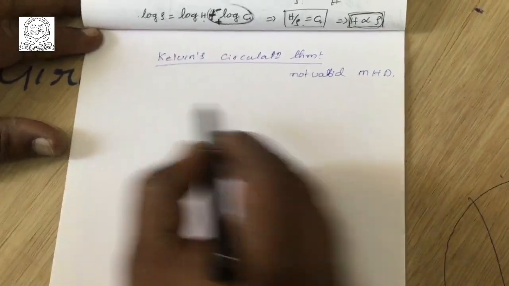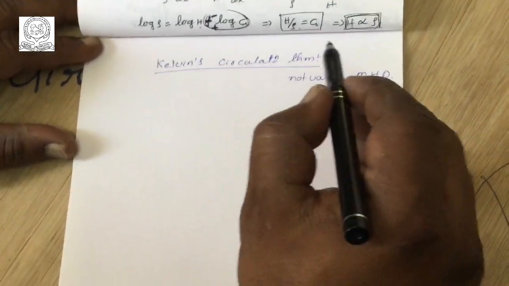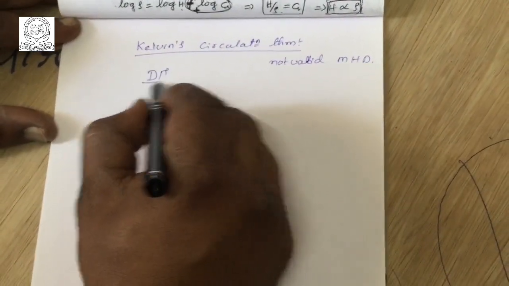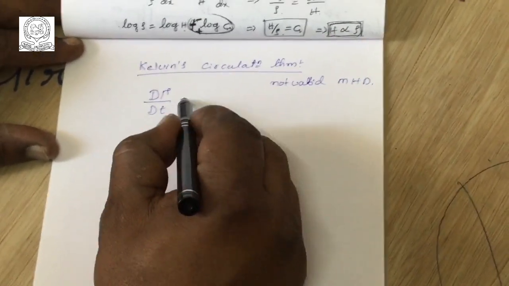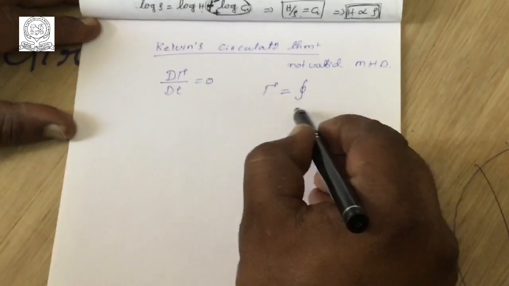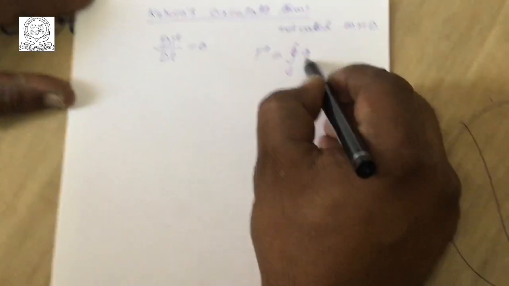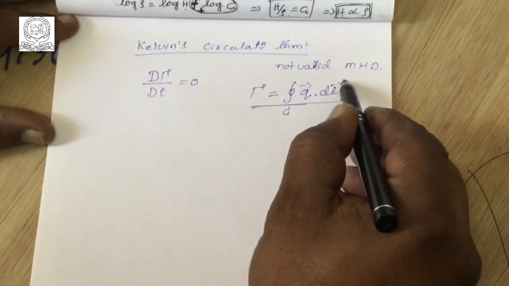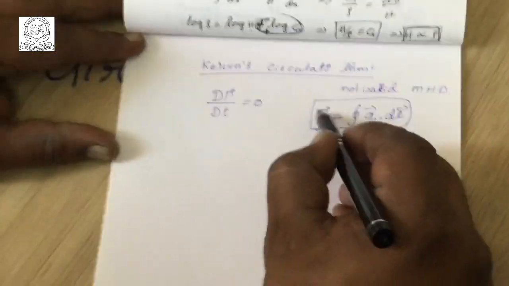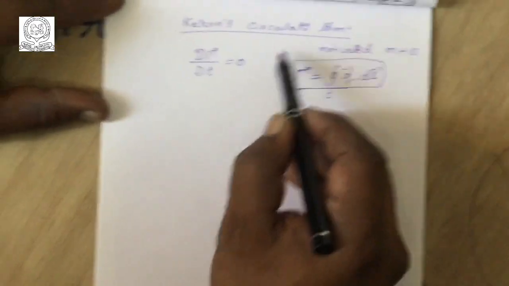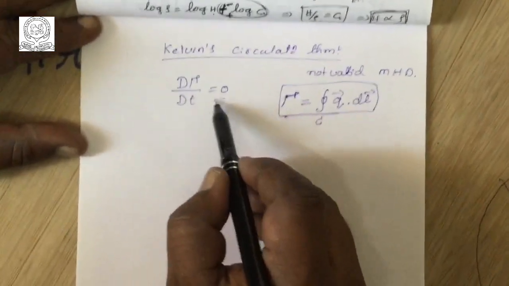You know, in fluid mechanics you proved that the rate of change of circulation is 0, meaning there we proved d gamma by dt is equal to 0, where gamma, the circulation, is given by the line integral over the closed contour C of q dot dl. So this is the definition of circulation. You have studied this already in fluid mechanics in the third semester. There, for the Kelvin circulation theorem, we proved that d gamma by dt is equal to 0.